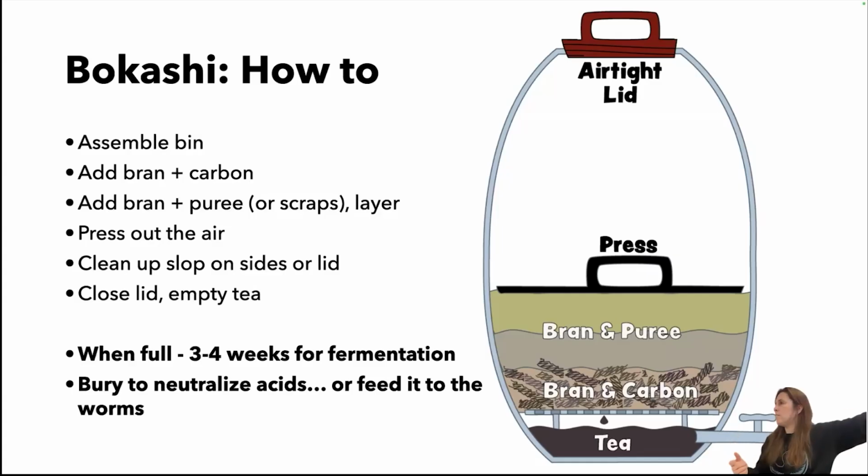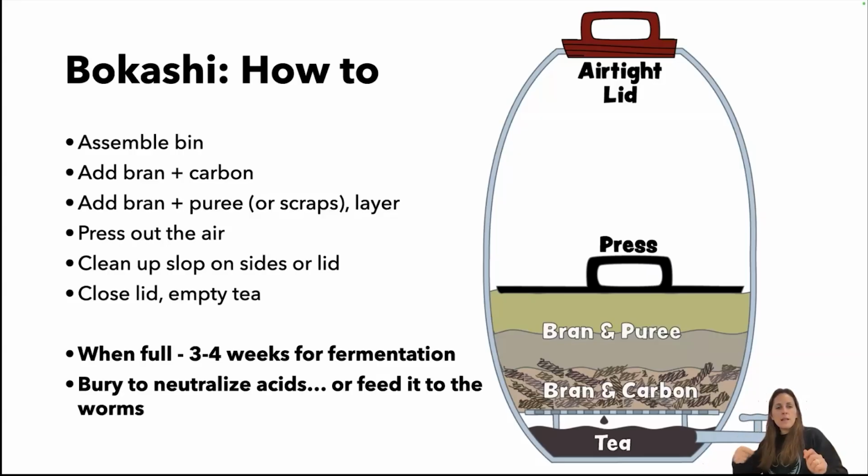You can skip that if you want. And then you have your platform at the bottom. And then you add something that all of your compostable material can sit on. For me, that was shredded paper, so the shredded paper isn't going to fall down through the cracks on the platform.